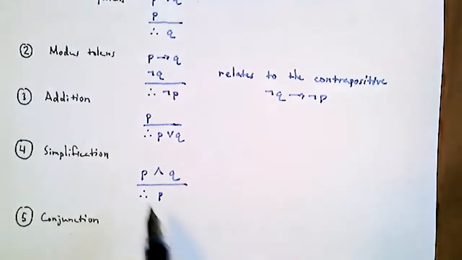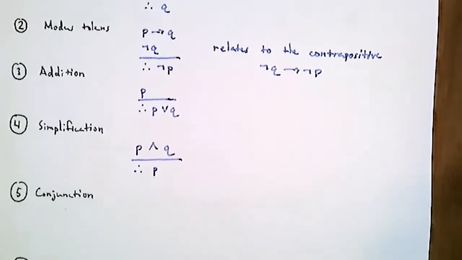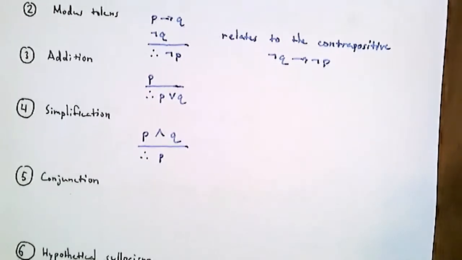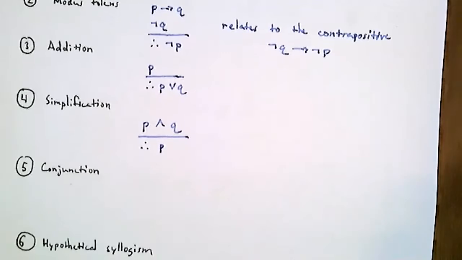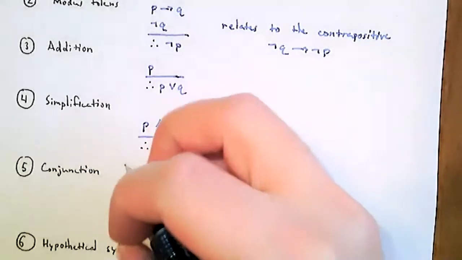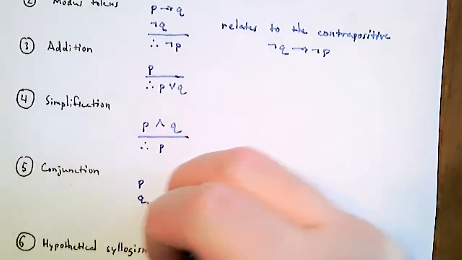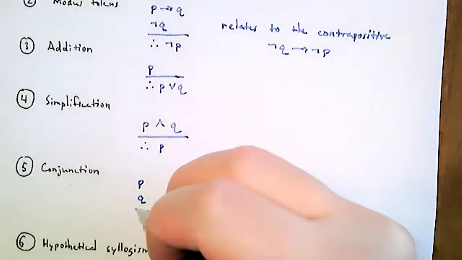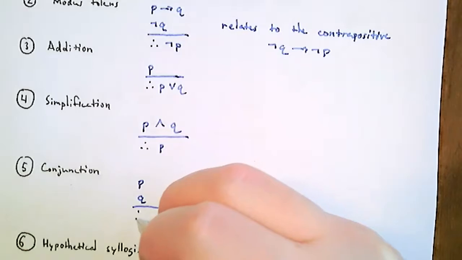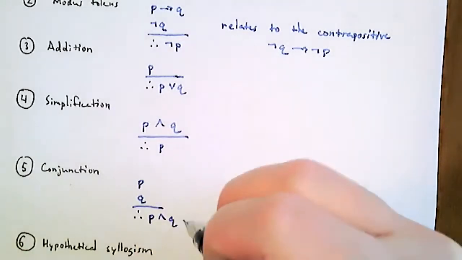If P and Q are true, then definitely P is true. And if I have two true hypotheses, I'm allowed to smash them together. So if P and Q are true hypotheses, then I can conclude that P and Q.